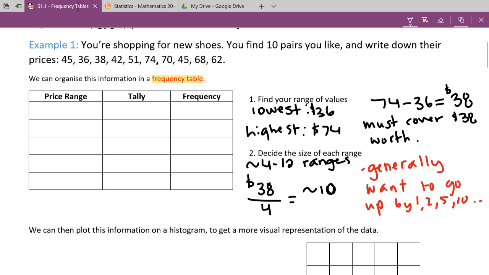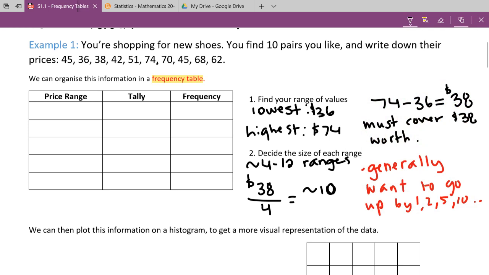We want to go up by those nice whole numbers. Our brains are kind of geared to recognize patterns based off of those. If you're going up by $7, again, is there really a big difference between a pair of shoes that's $36 and $37? Not huge.